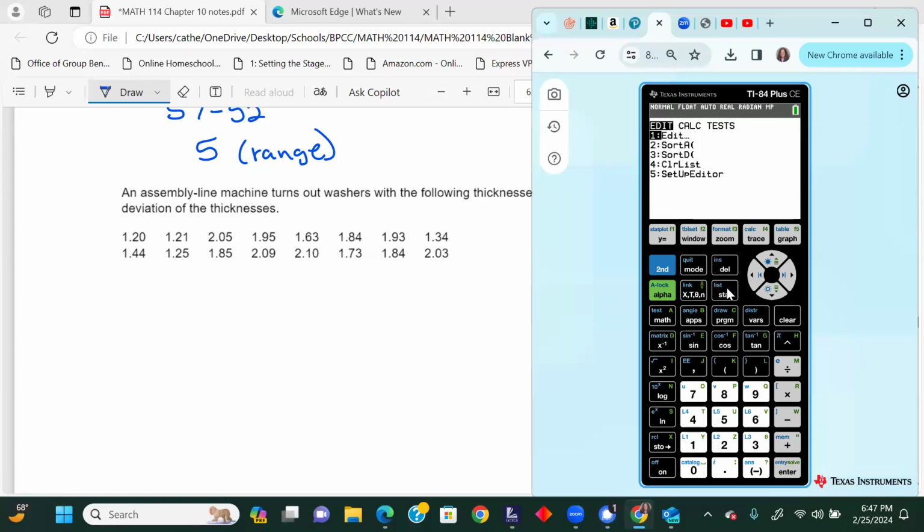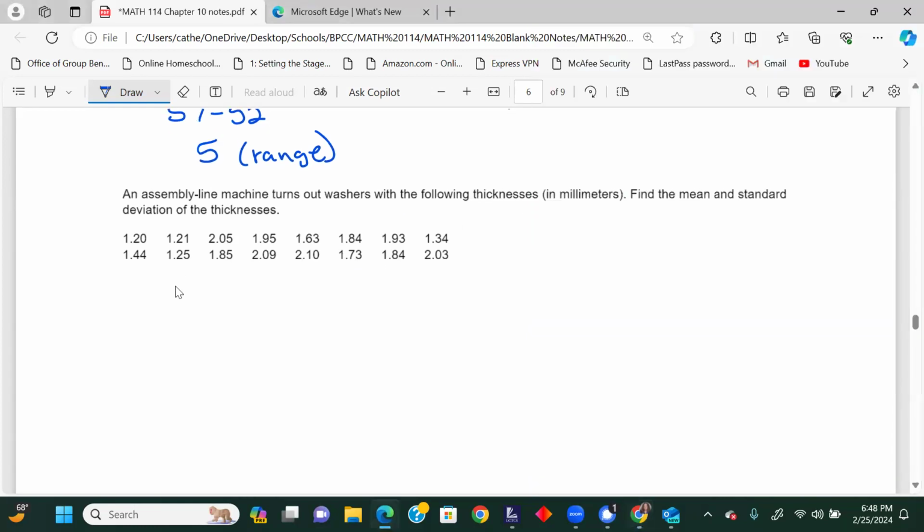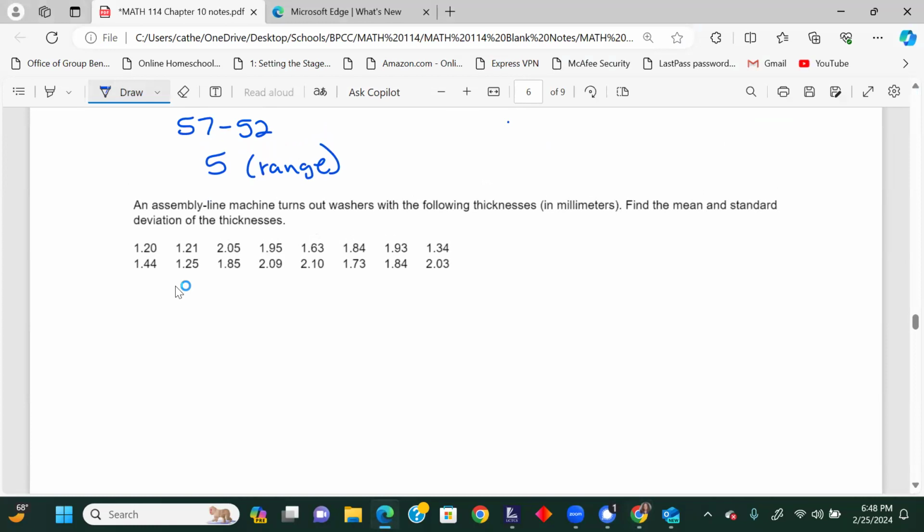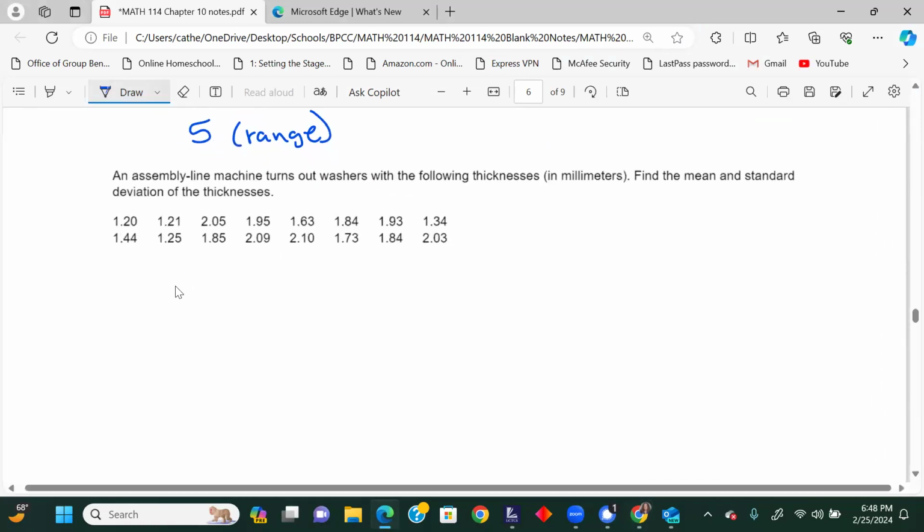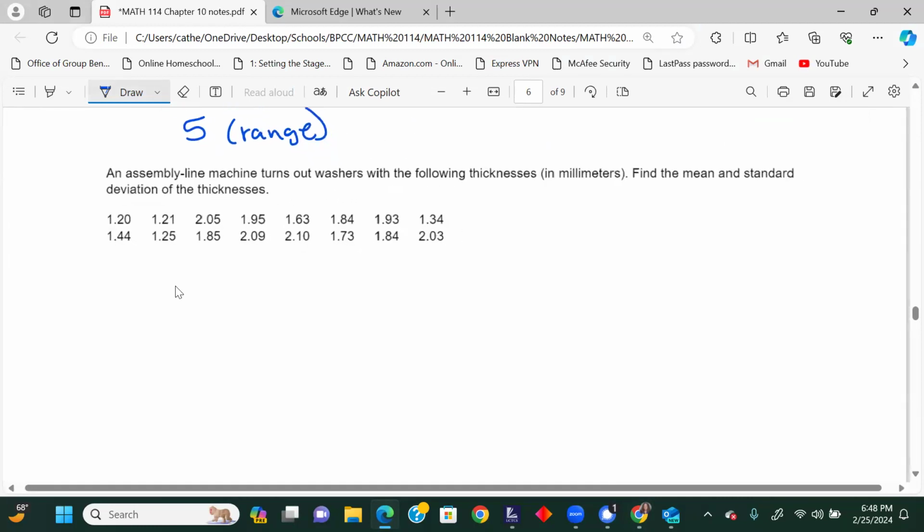So then Stat, go over to Calculate, one var stats. We just have one list. Hit Calculate. Let's do 2 decimal places. So the mean is x bar. Just give it a minute to respond.